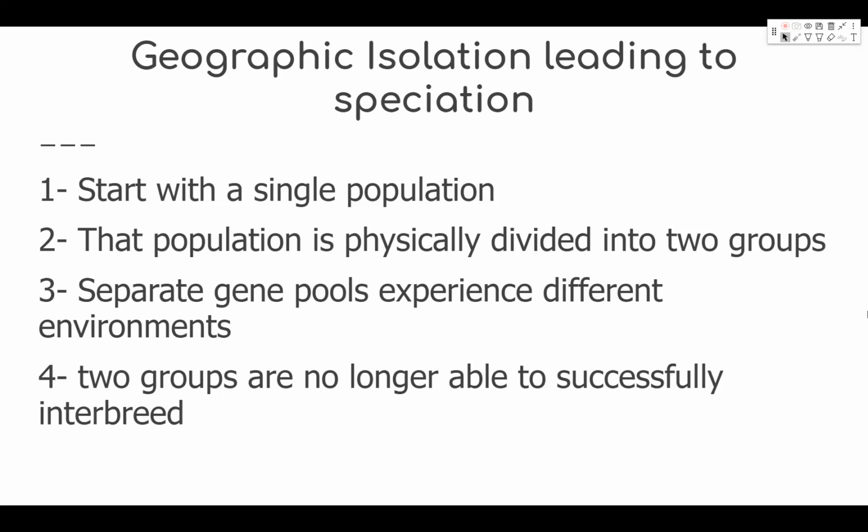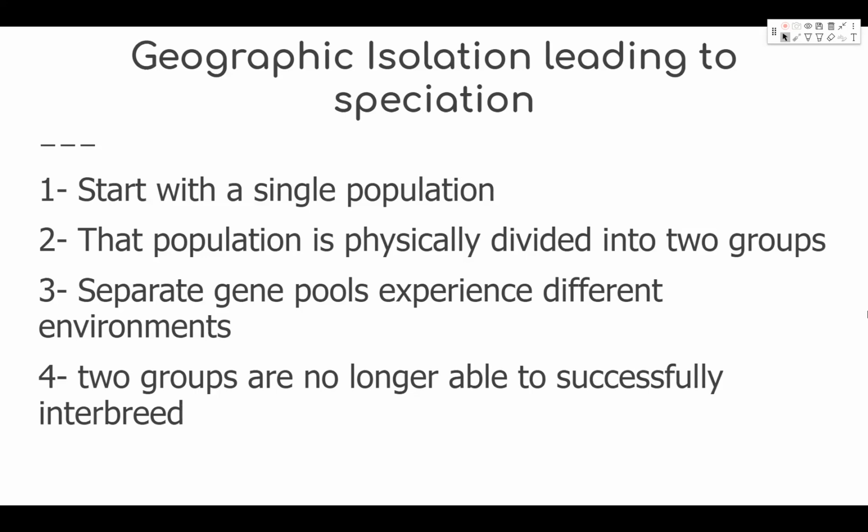Over time, these bugs changed so much that now, if something were to happen and this river were to dry up, or if there were to be bridges built across the river, these bugs could no longer successfully interbreed. And at that point, we call them two separate species.